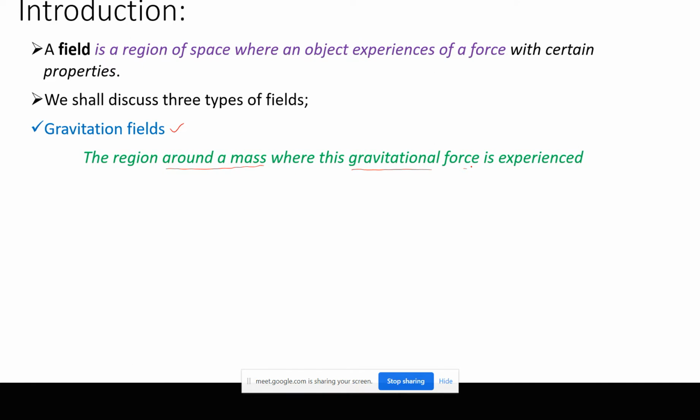And of course, the other mass also experiences the same force due to the first mass. So the region of space around a mass where a force is experienced is what we are going to call the gravitational field.